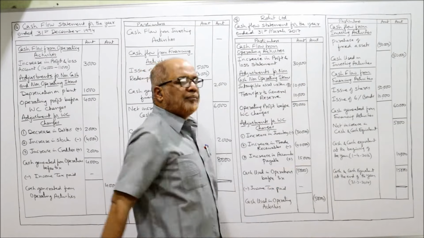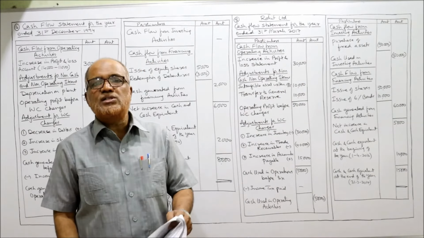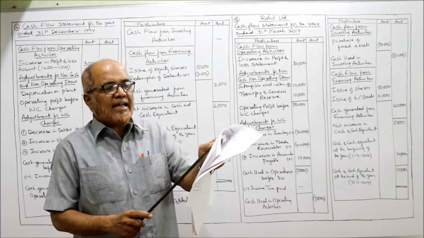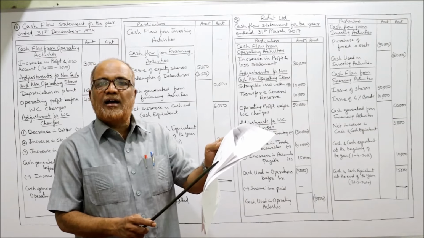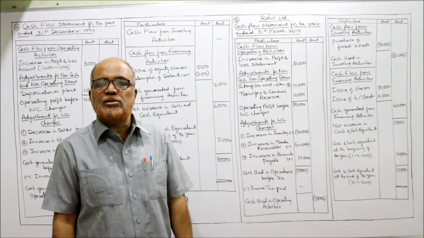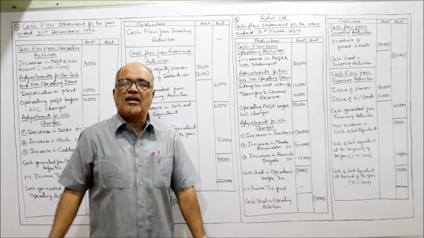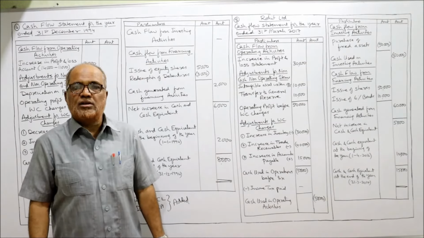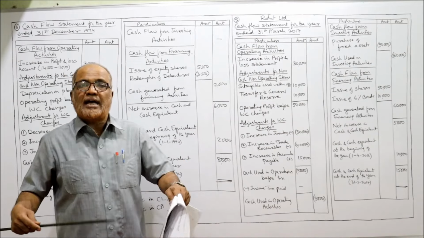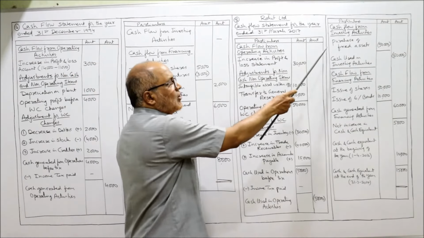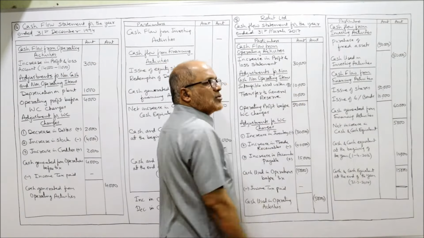Now cash flow from investing activity. Now see the tangible assets. Last year 1 lakh, current year 1,50,000. So during the current year tangible fixed assets increased by 50,000. That means purchased. So purchase of fixed asset 50,000.